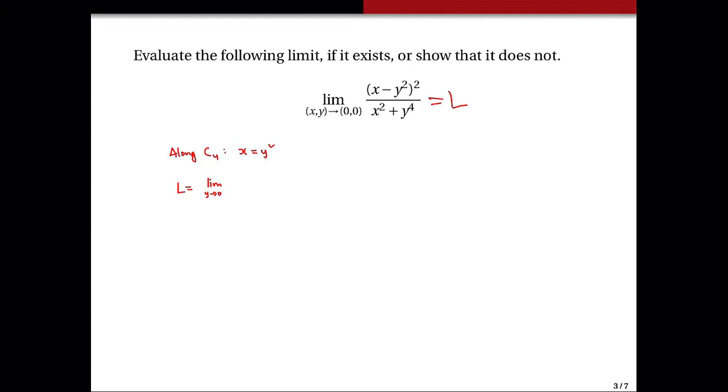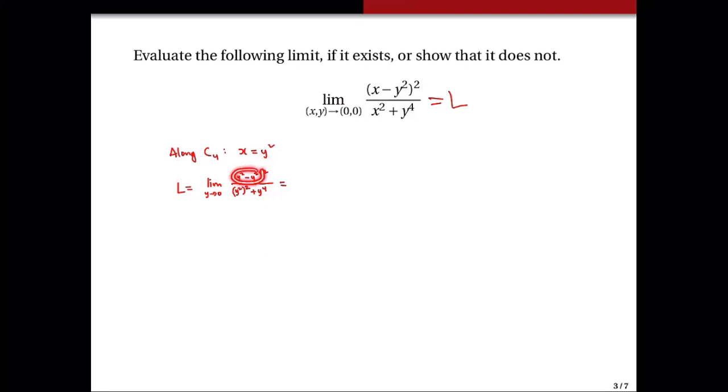The limit of the quantity x becomes y squared minus y squared, outside it's quantity squared, and then here you have y squared because you have x squared there, plus y to the 4. Notice your x is always equal to y squared.